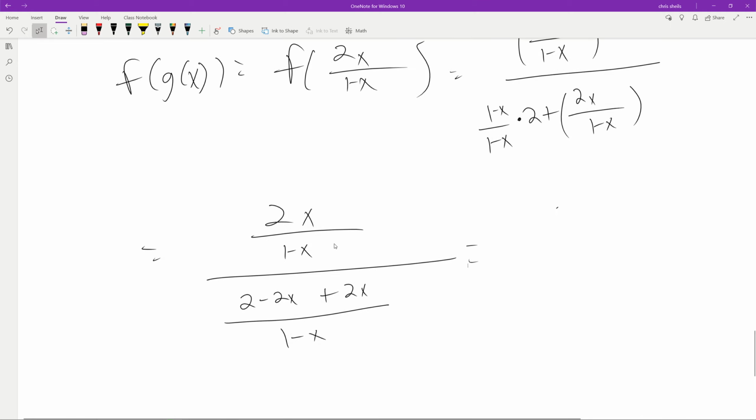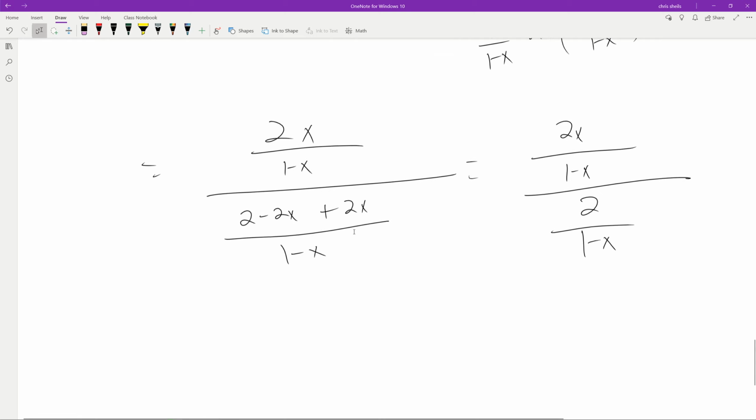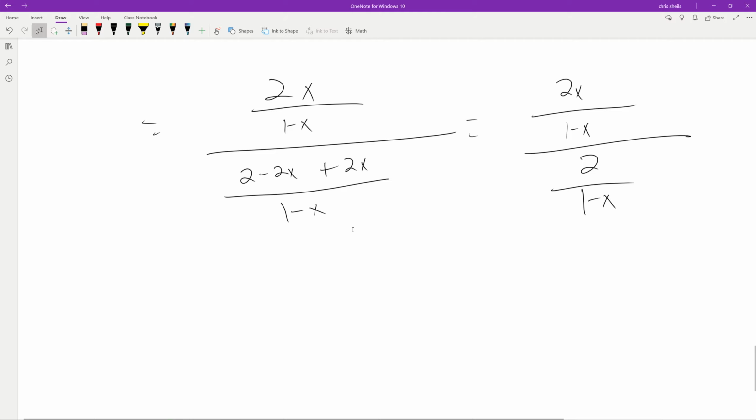And this is 2x over 1 minus x divided by, this looks like just 2 over 1 minus x. Now when I divide by a fraction, I multiply by the reciprocal of that fraction.